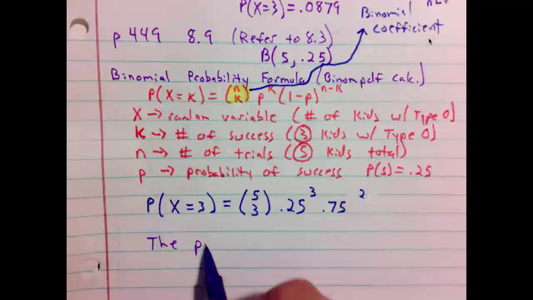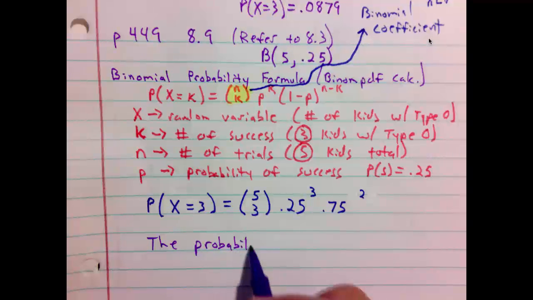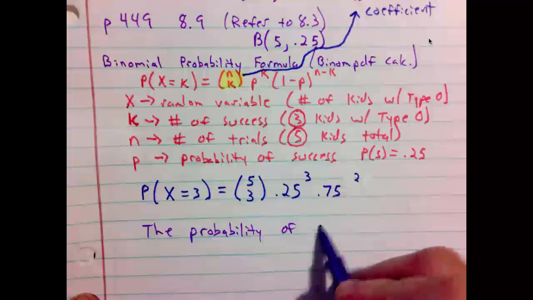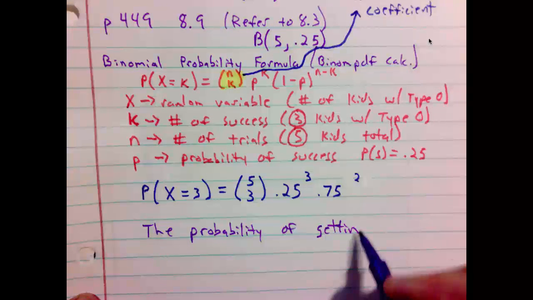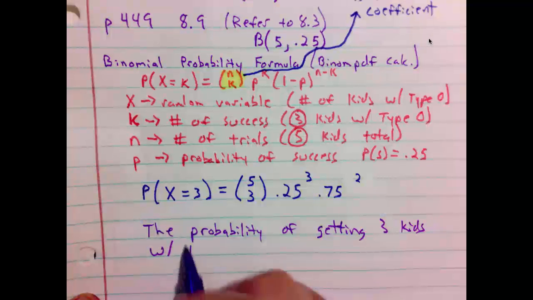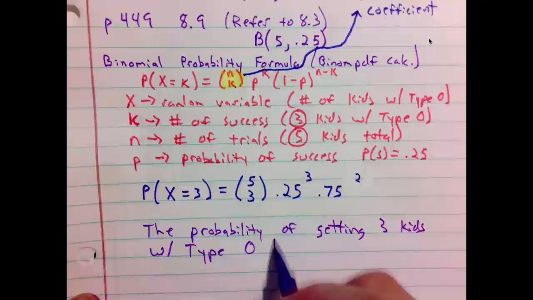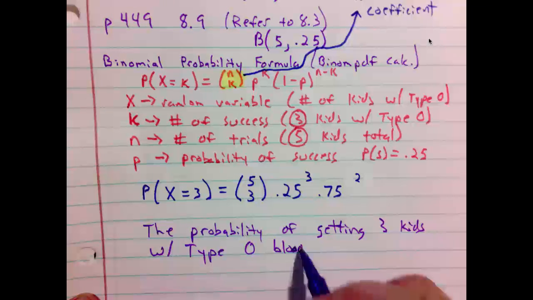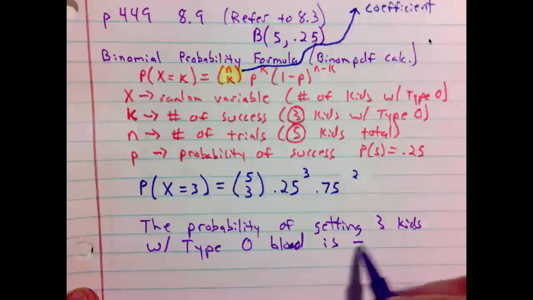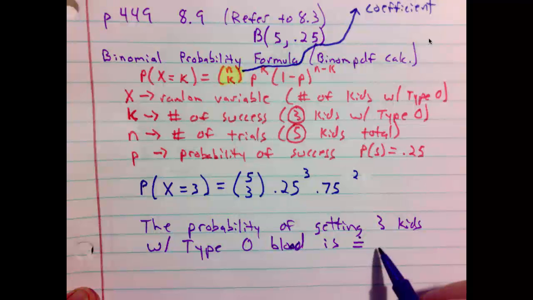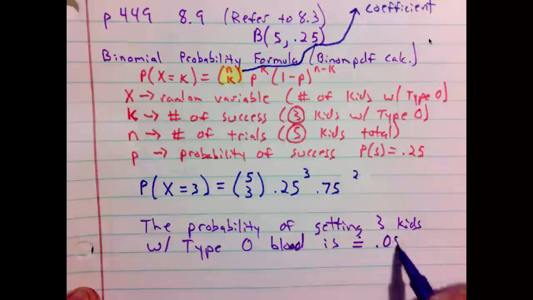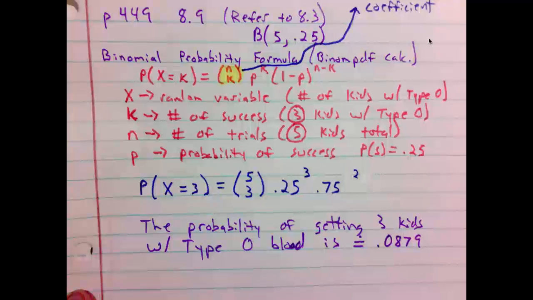The probability of getting 3 kids with type O blood is approximately 0.0879, roughly a 9% chance.